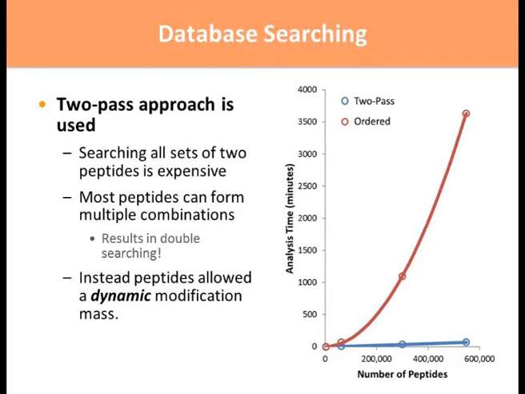Rob also showed this figure early on, in that the actual analysis of a protein sequence database when doing cross-linked spectral searches is computationally prohibitive.